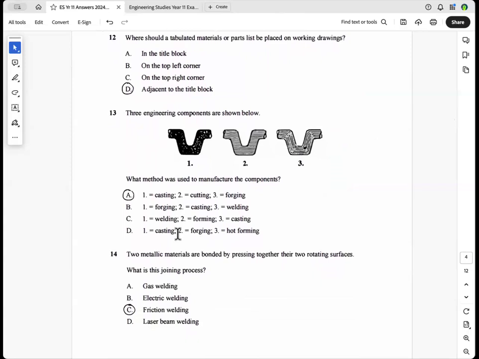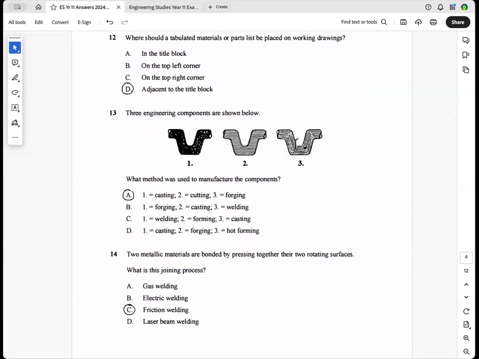Question 13, 3 engineering components are shown below. So they're either casting, cutting, or forging. This one here is being cast. It didn't come out too well. This one here, the shape has been cut. You can see the flow lines that have actually been cut.